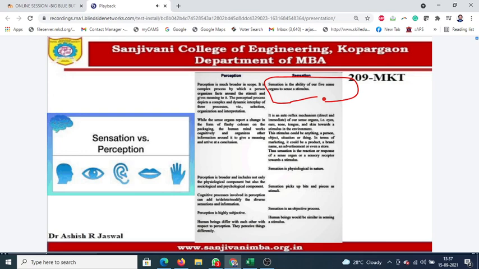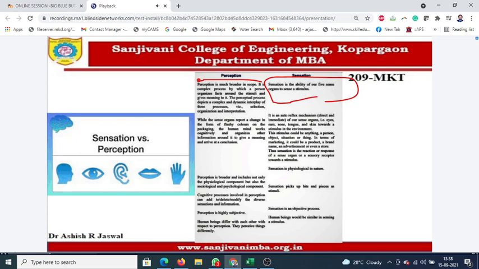So the question arises: what is perception? Perception is much broader in scope. Sensation was an auto-reflex mechanism, but perception is a complex process by which a person organizes the facts around the stimuli and gives meaning to it.